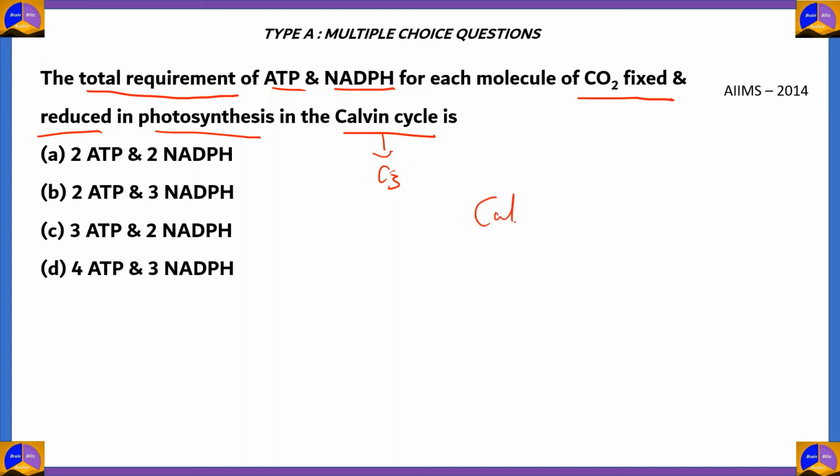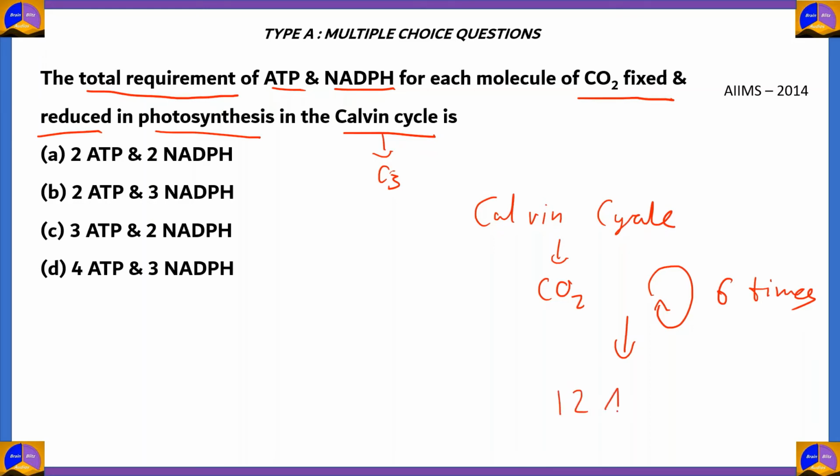So it is noted that in the whole Calvin cycle, one carbon dioxide is undergoing the same Calvin cycle 6 times, and the final number of ATP and NADPH is 12 ATP and 18 NADPH.